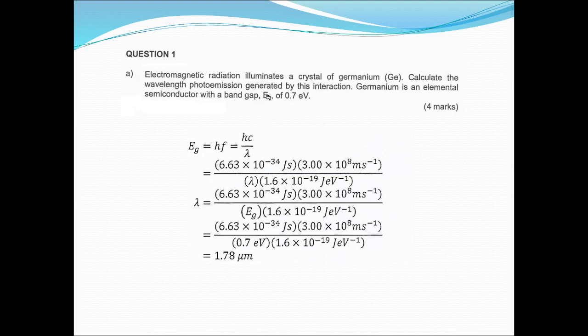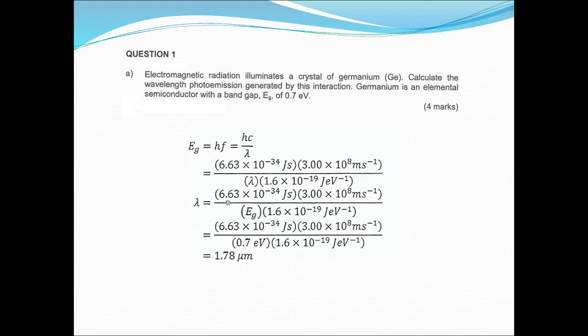The relationship between the band gap and lambda is that E is equal to hf, where f is the frequency, and f is equal to c over lambda. Actually you can skip this step and directly use lambda is equal to hc over the band gap E.